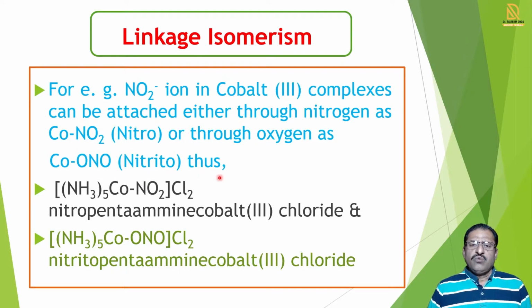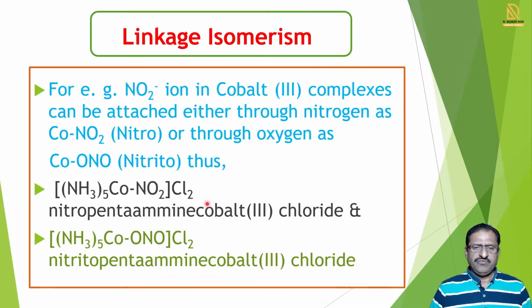So we take one example, [Co(NH3)5NO2]Cl2. The name of this coordination complex is nitropentaamminecobalt(III) chloride. In this example, nitrogen is bonded with cobalt. But when oxygen is bonded, then what happens? You see the second isomer of this, [Co(NH3)5ONO]Cl2.